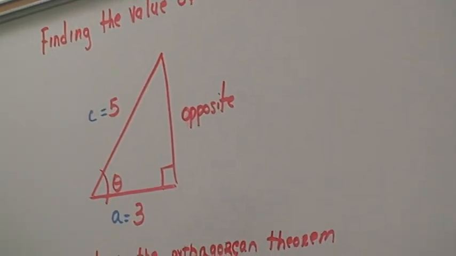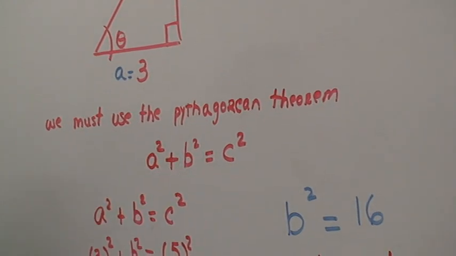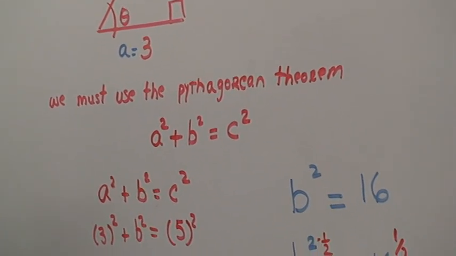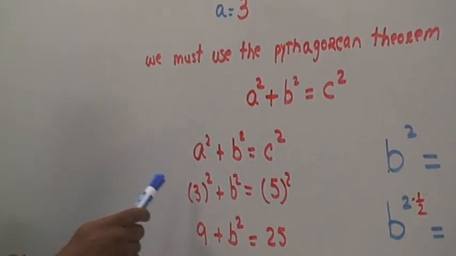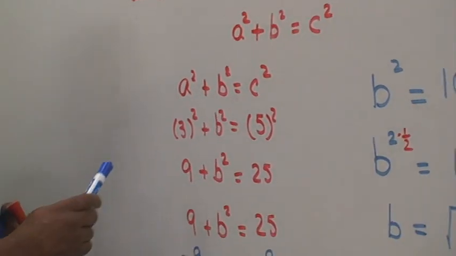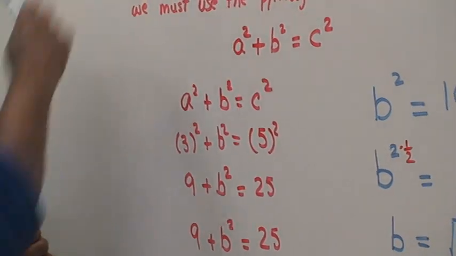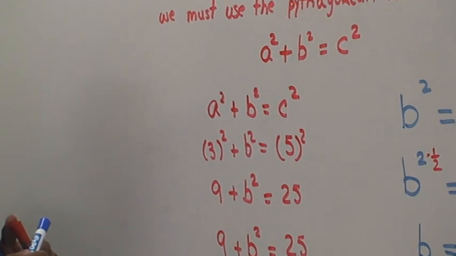However, we use the Pythagorean theorem: A squared plus B squared is equal to C squared. So you plug in your values for A, which is 3, and for C, which is 5.